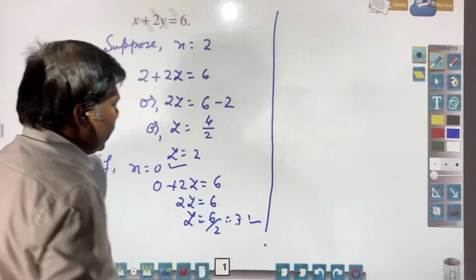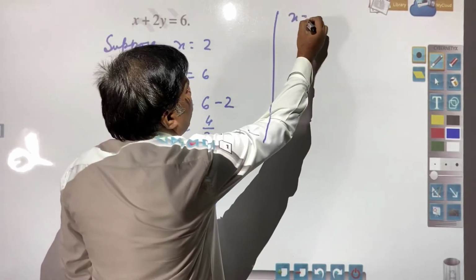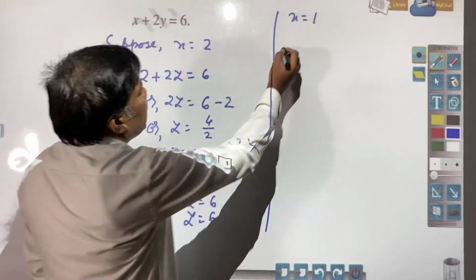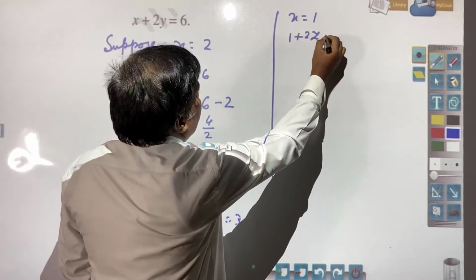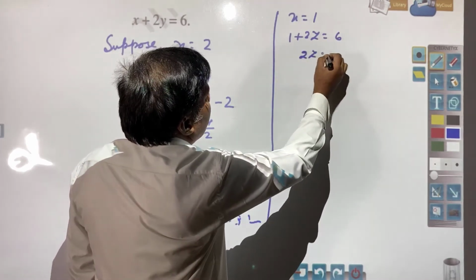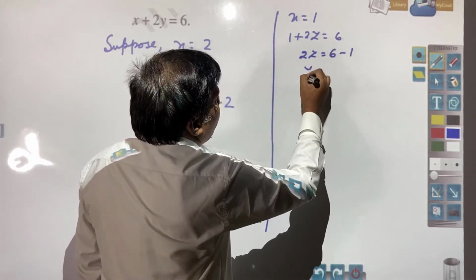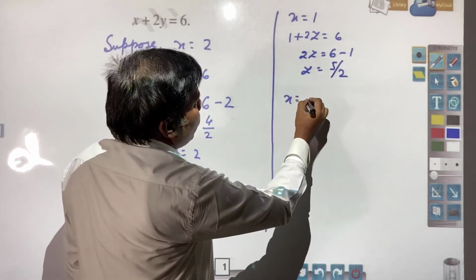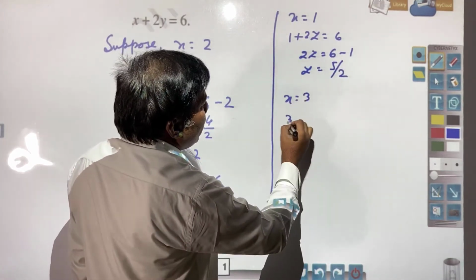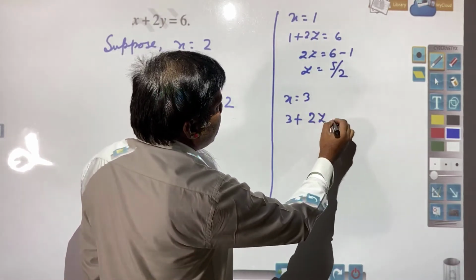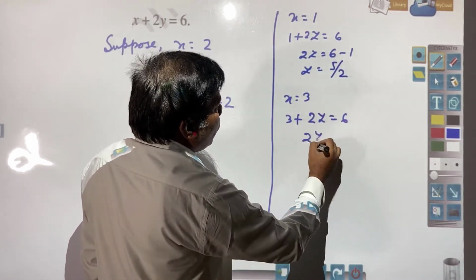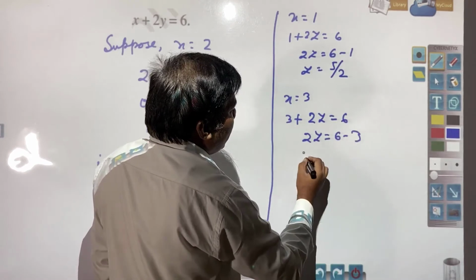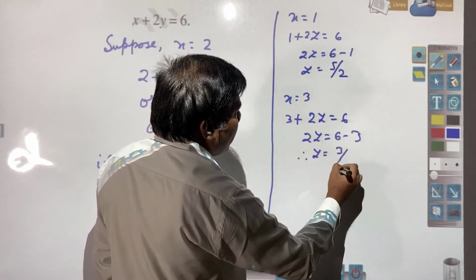In the same way, suppose x is equal to 1, in this case 1 plus 2y is equal to 6, so 2y is equal to 6 minus 1 and y is equal to 5 by 2. If x is equal to 3, then 3 plus 2y is equal to 6 and 2y is equal to 6 minus 3 and therefore y will be equal to 3 by 2.